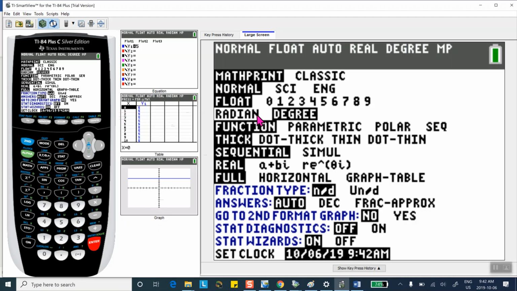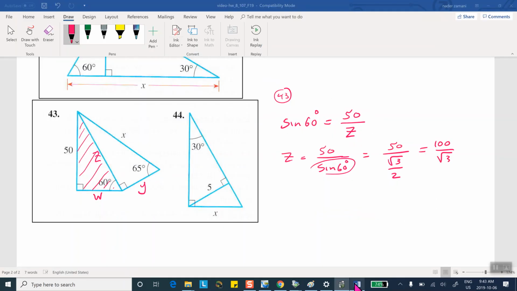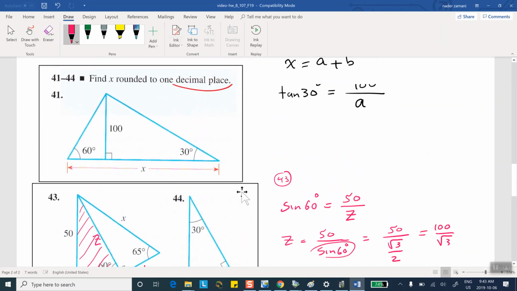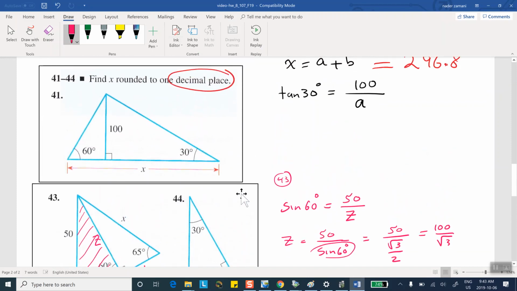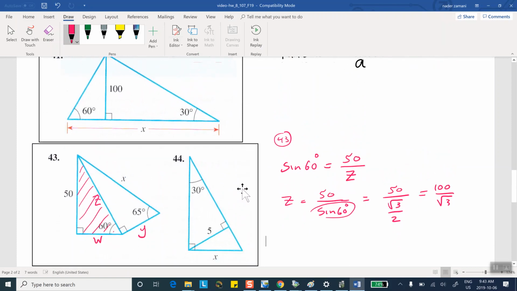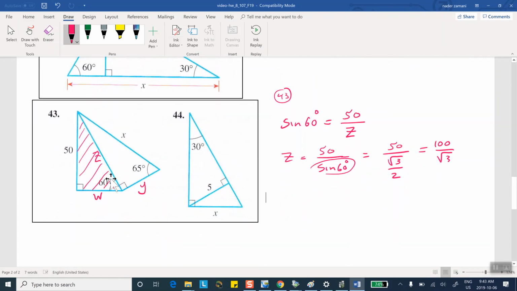So let's go ahead and do this, and then we go and repeat the previous problem. Okay, so I forgot to press this enter. That's why it was left on radians. Okay, so let's go ahead and work this out. And I'm really sorry, I have to go and repeat this because the number that I got is probably not right. Okay, so let's finish number 43 first.